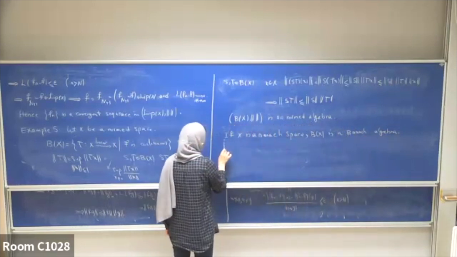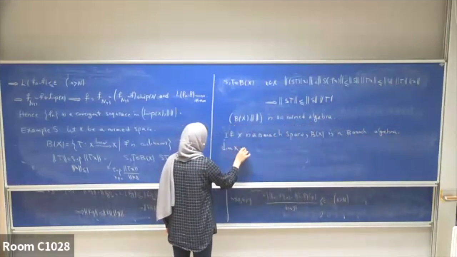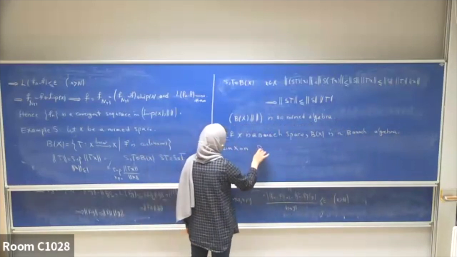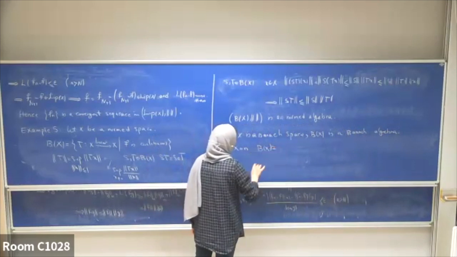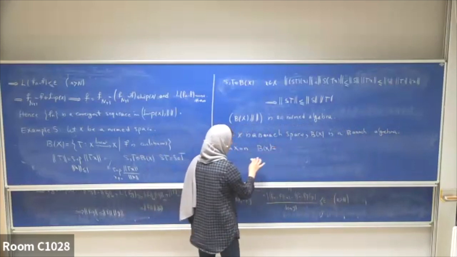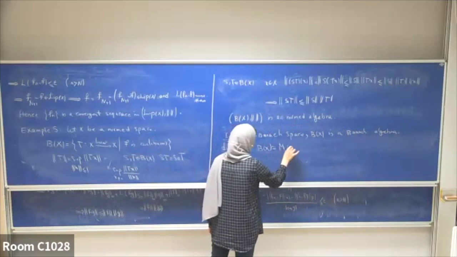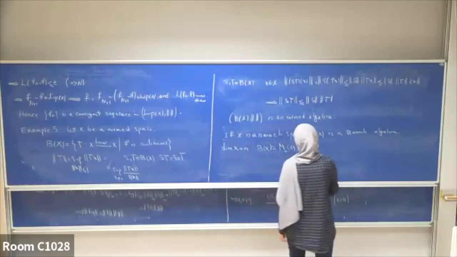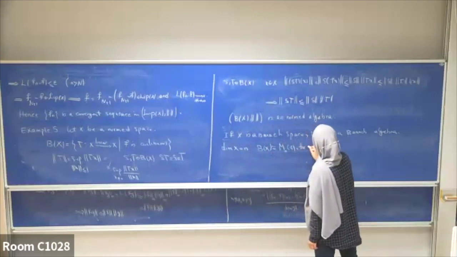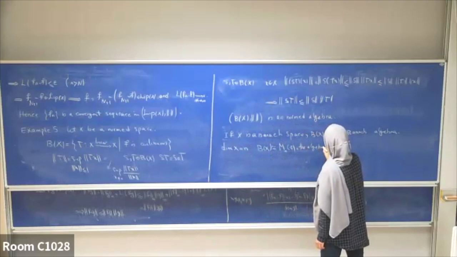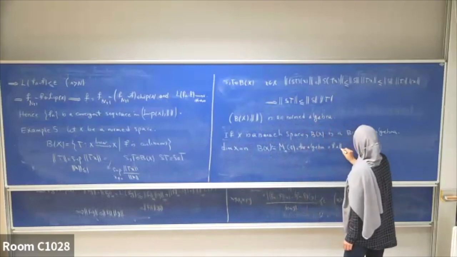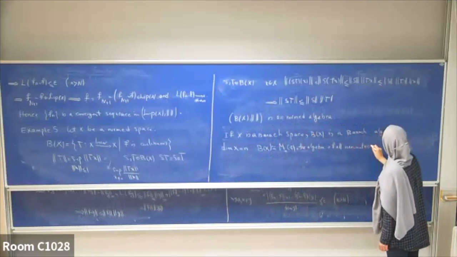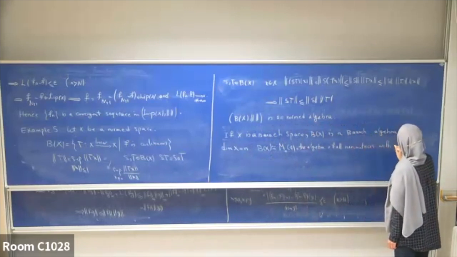And you know that in the finite dimensional case, when dimension of X is n, B of X is isomorphic, as in linear algebra, to Mn of C, the algebra of all n times n matrices with entries in C.